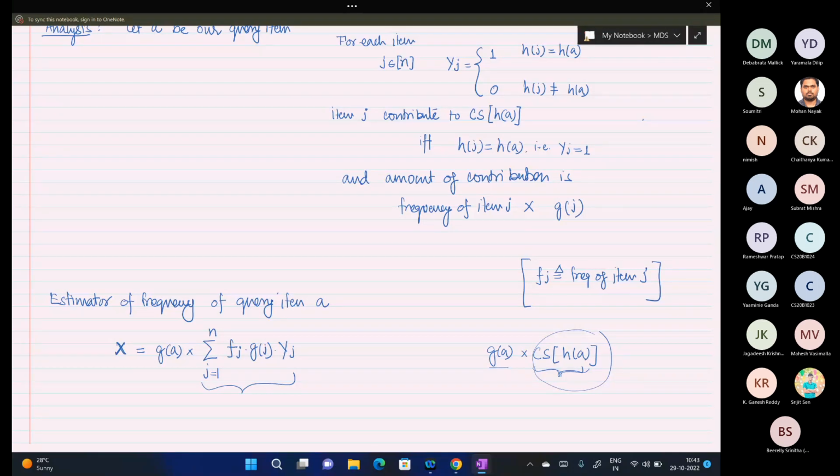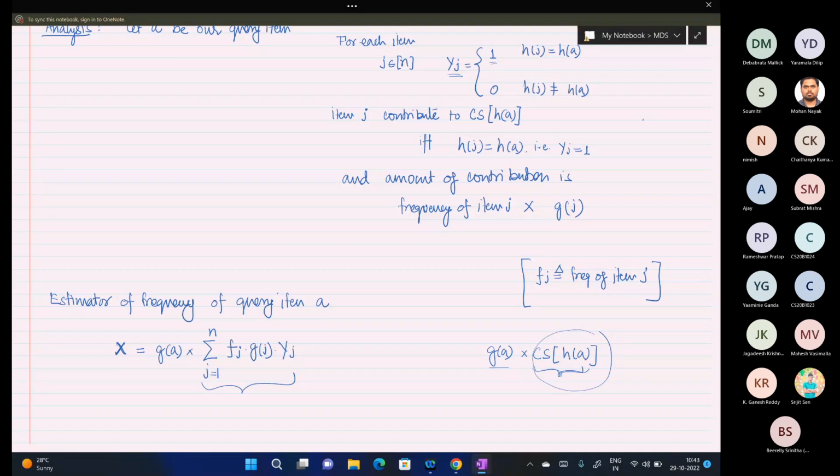Their contribution we are capturing by this random variable yj. Note that yj takes value 1 if h of j is equal to h of a. So any other element in the stream which is mapping in the same bin in which item A has been mapped, their contribution will be added. But for the others for which h of j is not equal to h of a, it will be 0. So their contribution will not be added, right?